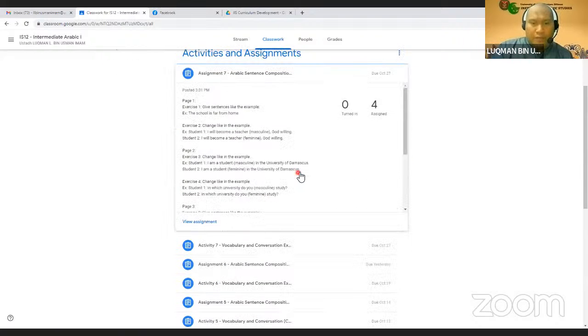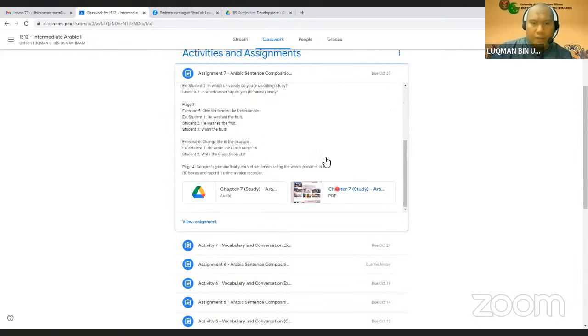Now we will proceed with the other topic, Arabic sentence composition, or at-tarakib an-nahwiyya.